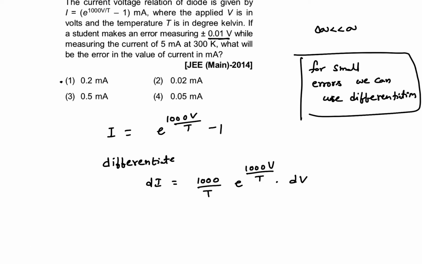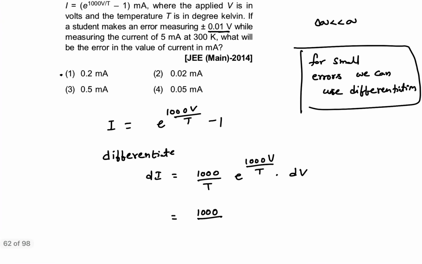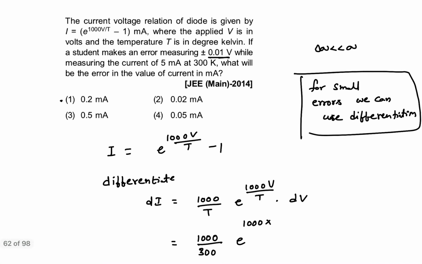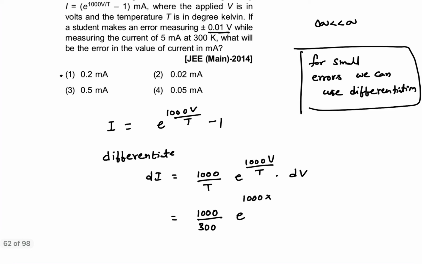If they ask what the error in the value of current is, I take this as my first equation. Here 1000 by T, where T is equal to 300, into e to the power of 1000 V by T, with V as per the question.